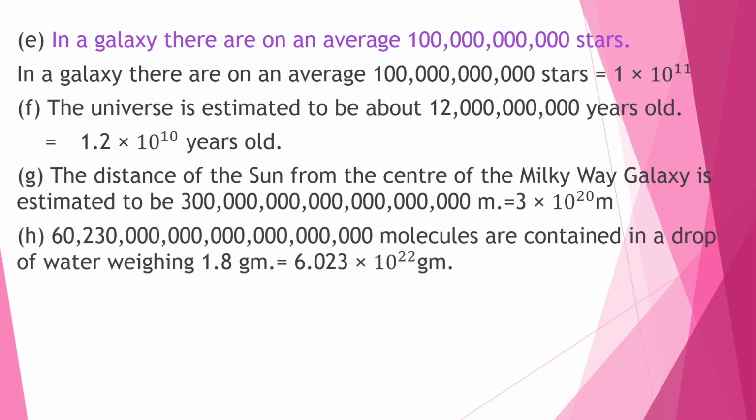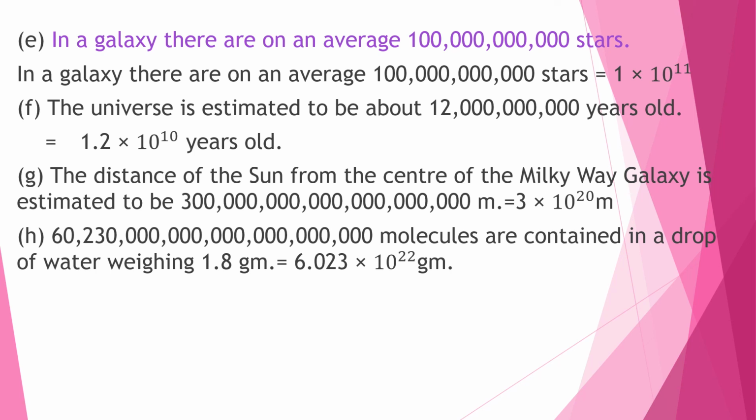Next question H. It is given a large number. It is given that this many molecules are contained in a drop of water weighing 1.8 gram. So the standard form of this is after the first digit put a point, then write the non-zero numbers, then write the power of 10.